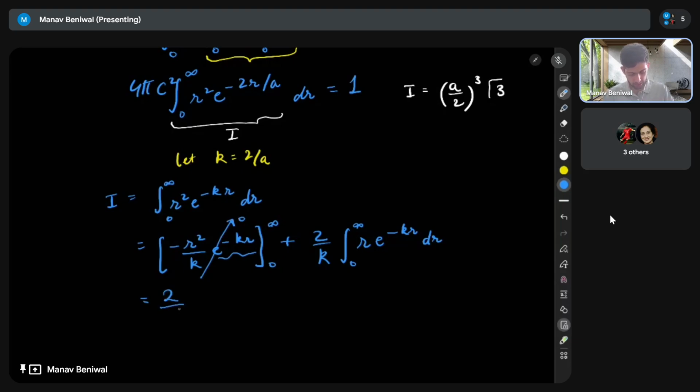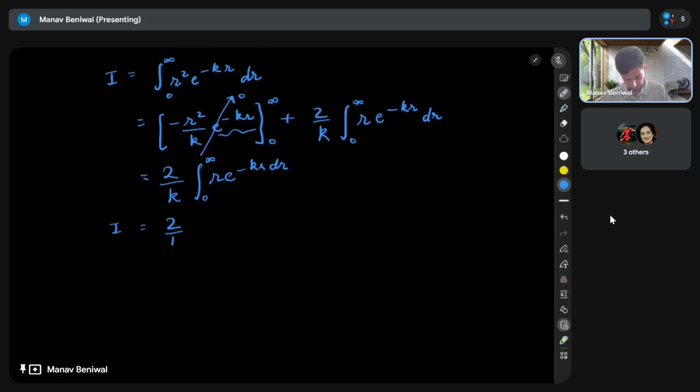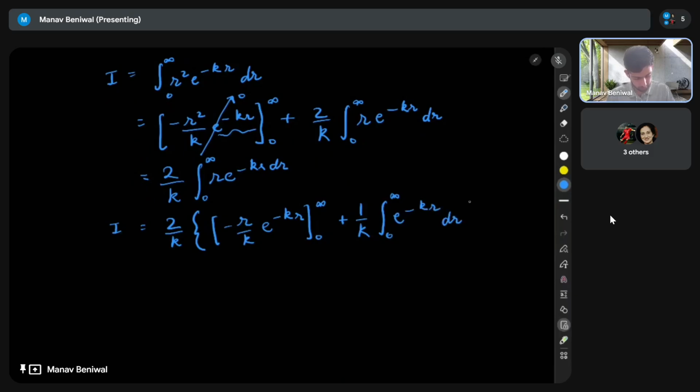Therefore we have I equals 2 by k integral 0 to infinity r e to the minus kr dr. Again doing integration by parts, we have I as 2 by k, and this will give us minus r by k e to the minus kr, 0 to infinity, and then plus 1 over k integral 0 to infinity e to the minus kr dr. Again when we put infinity, this exponential term goes to 0, and when we put 0, this r term goes to 0, so this entire term is again 0.